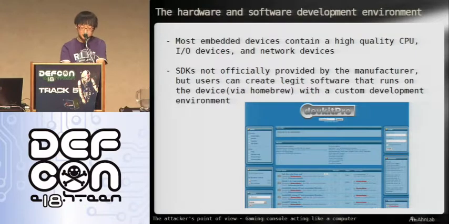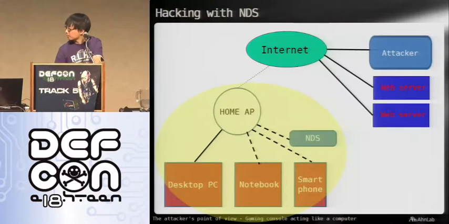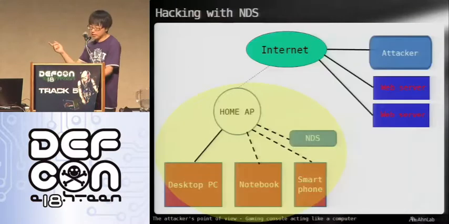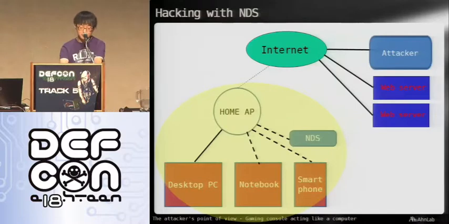And the advantage of running these tools on a gaming console is that bringing a gaming console into a corporate or company will make people less cautious than bringing a laptop or a computer, because generally people don't think that gaming consoles can be used as an attacking tool. So this is how the attack scenario goes.